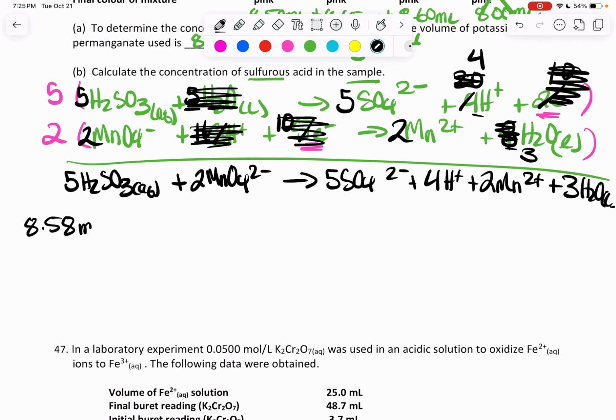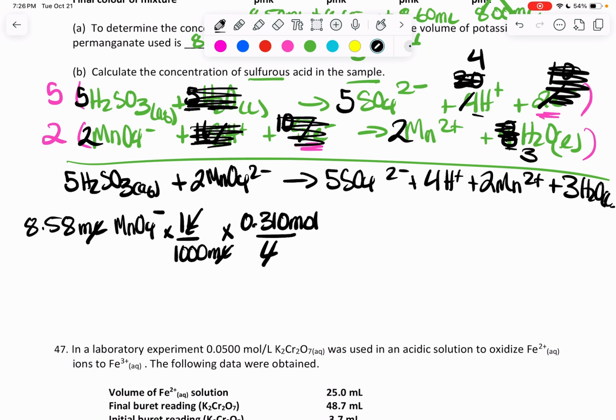8.58 milliliters of MnO4 minus. Now I'm going to multiply it by 1 liter over 1,000 milliliters, and I'm going to cancel out that milliliter volume. Now I know my concentration of KMnO4 was 0.310 moles per liter.